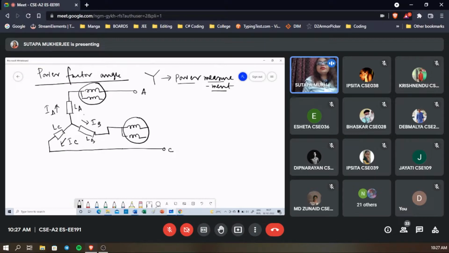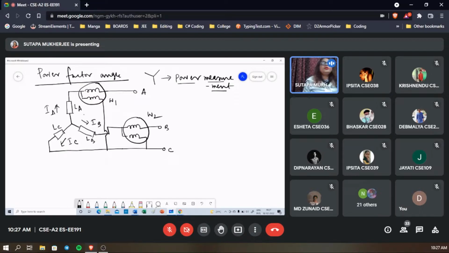Now this is C. Already I have told you from the beginning of our class. This is B. Three lines. So this is the wattmeter. One wattmeter is connected and the second wattmeter is connected. So this is W1, this is W2.